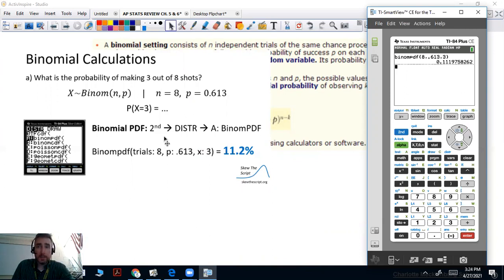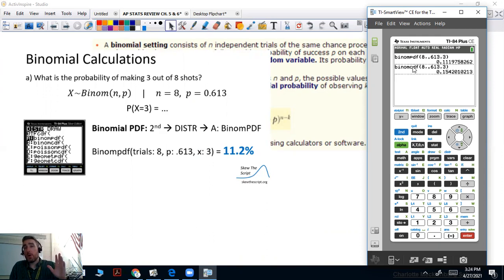Now, if you're asked what's the probability he makes 3 or fewer shots, in that case you're combining your efforts. You would not do a PDF. You would do a binomial CDF, which is down below it. It's still going to be the same probability, same trials, 3 or fewer shots. The difference is that's not just 3, that's 3, 2, 1, and 0.